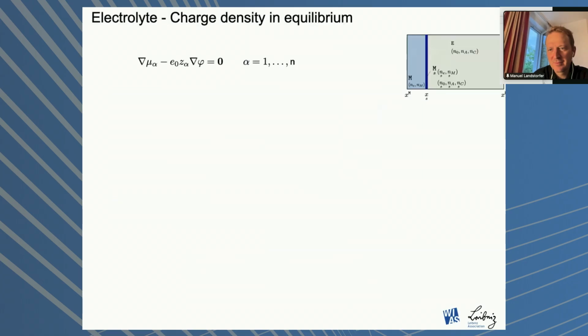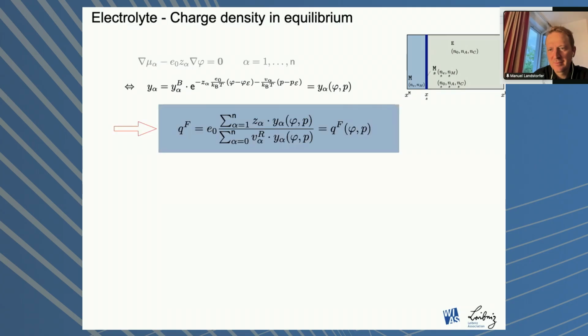And I want to show you in the next few slides how you can validate such a model. So first of all, we need to work out what we get out of this diffusional equilibrium, so what is in the end the equation, or equations, which have to be solved. From the diffusional equilibrium, you can rewrite the mole fraction as a function of electrostatic potential and pressure.